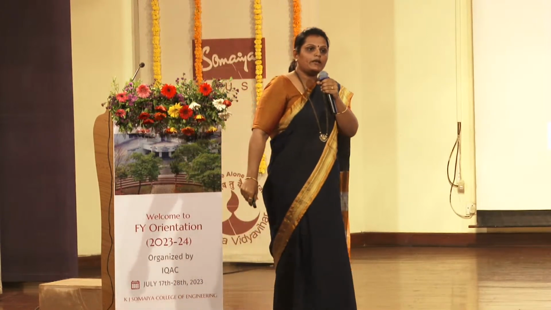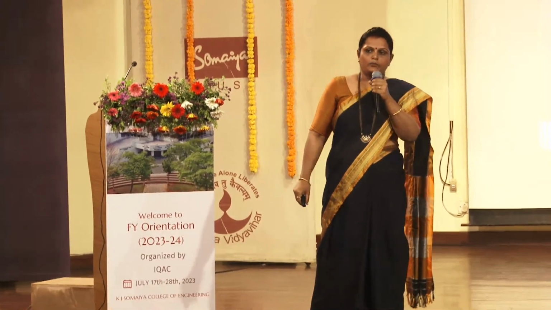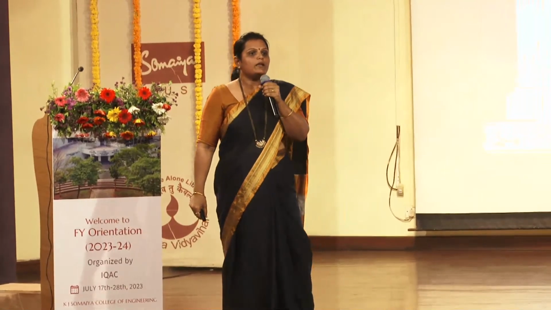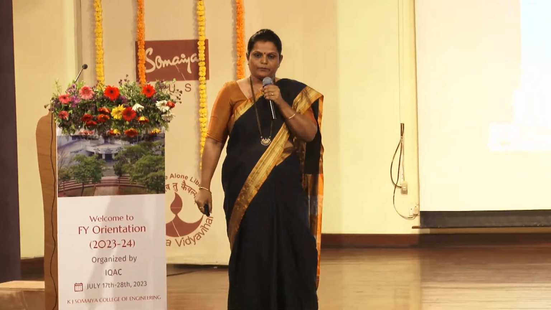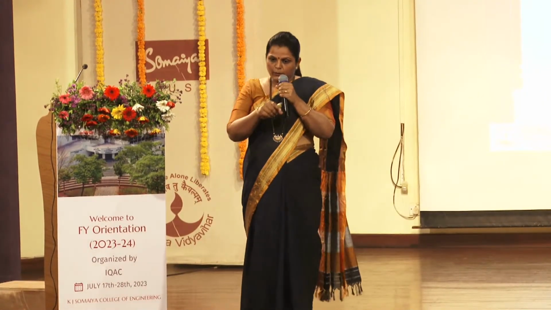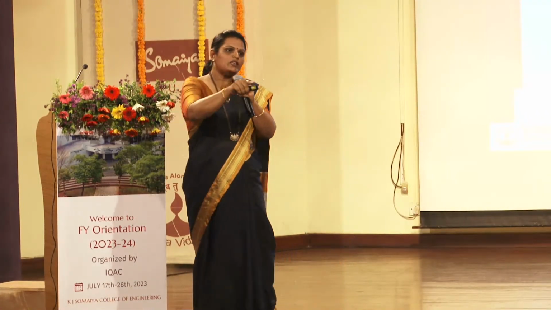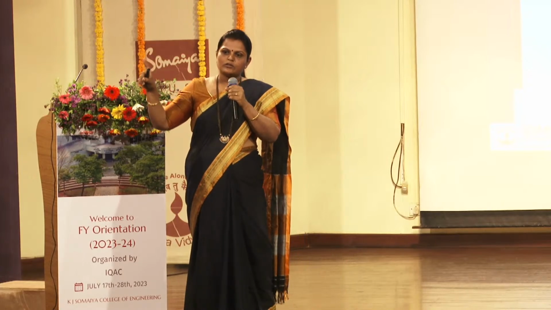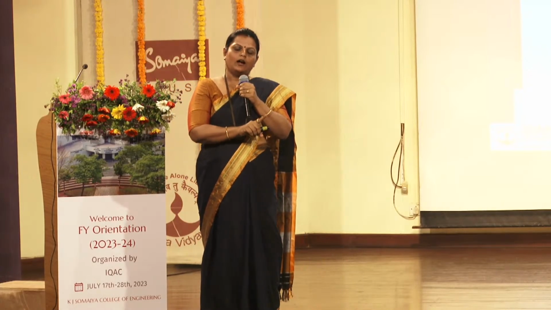Another set of open electives in your curriculum in the third year, which you can see in the fifth and sixth semester, is open elective humanities and management. In the third year, every student will need to complete one humanities-related course and one management-related course under this.